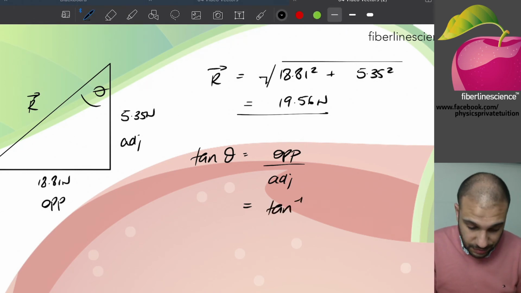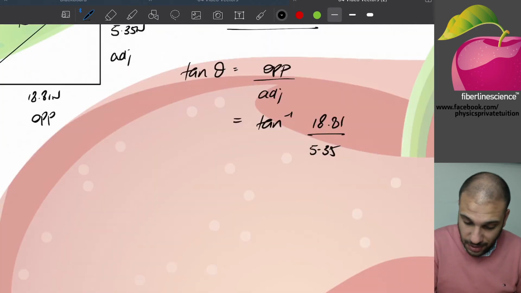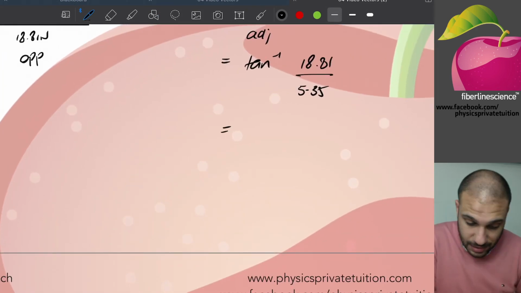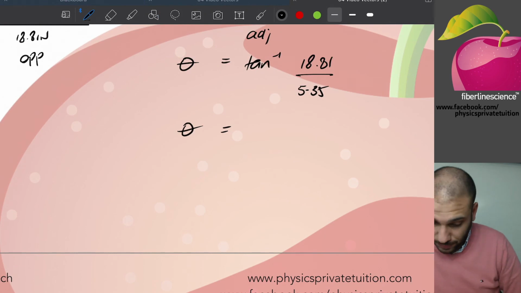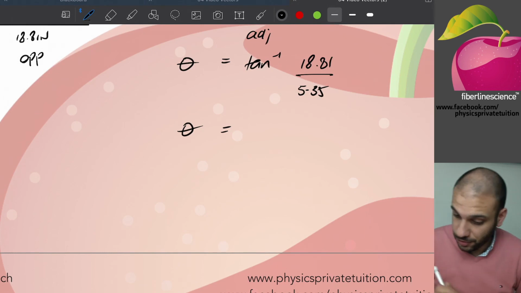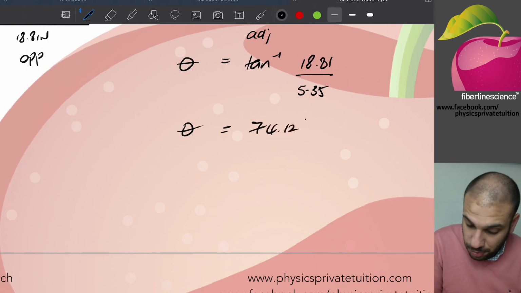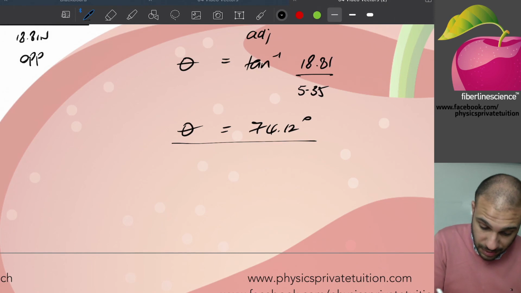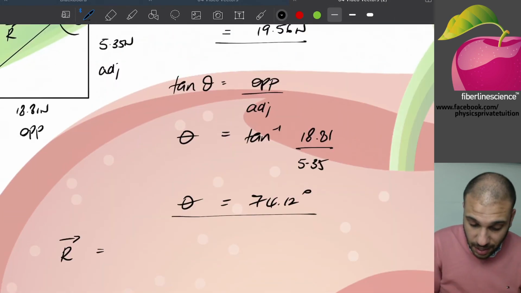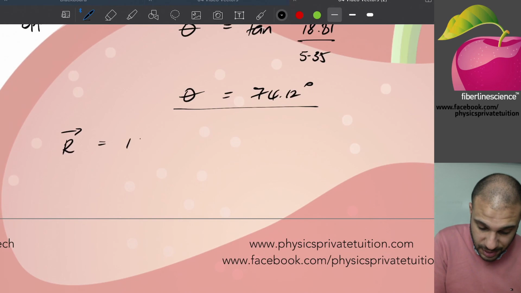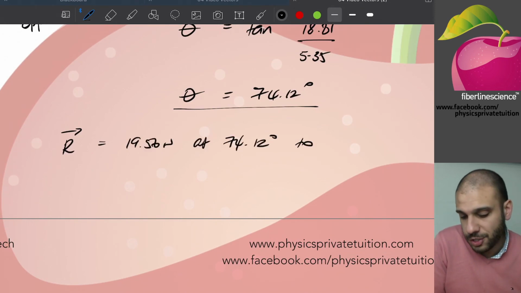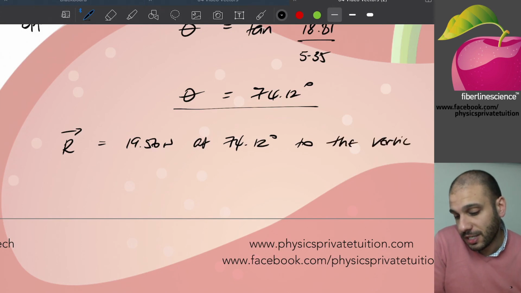So arctangent of 18.81 divided by 5.35 comes to 74.12 degrees. So our final answer can be given as R equal to 19.56 newtons at 74.12 degrees to the vertical this time round.